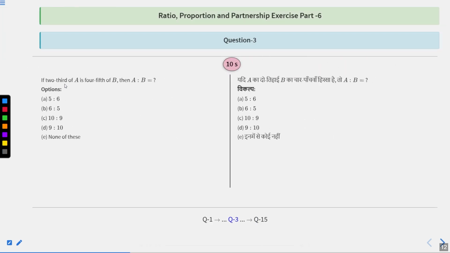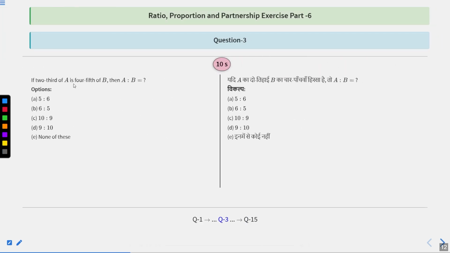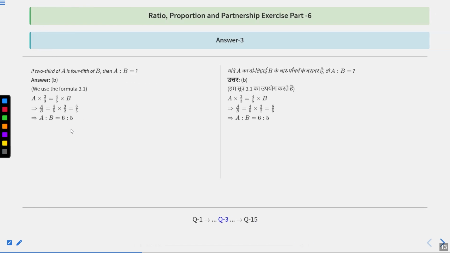Next one. If 2/3 of A is 4/5 of B, then find the ratio A to B. You have 5 options and 10 seconds. Try to solve it. Your time starts now. Now time's up. Let's see the solution.